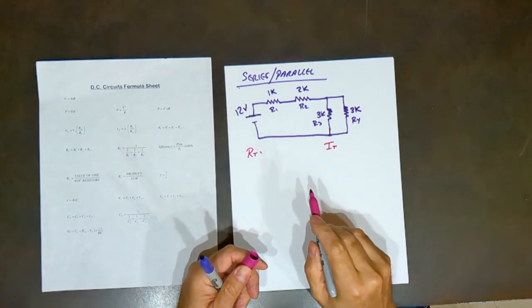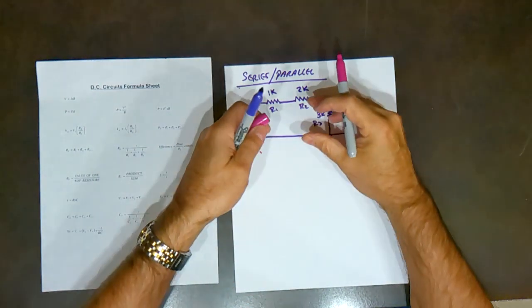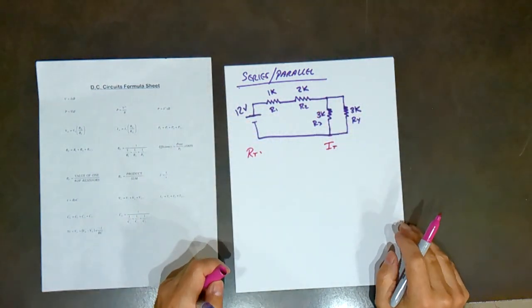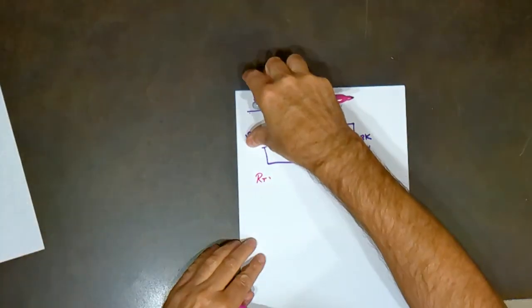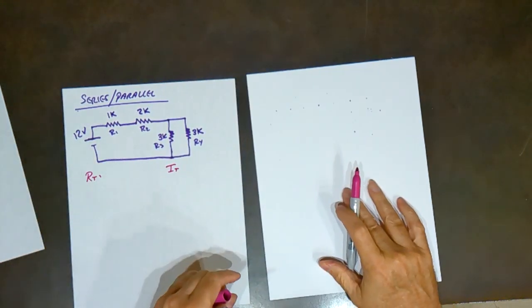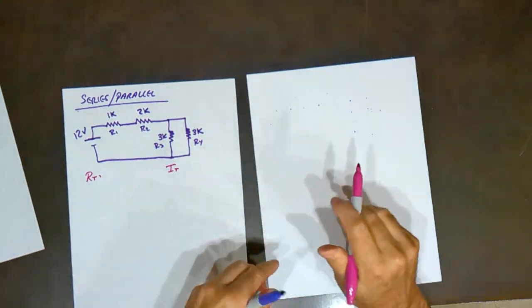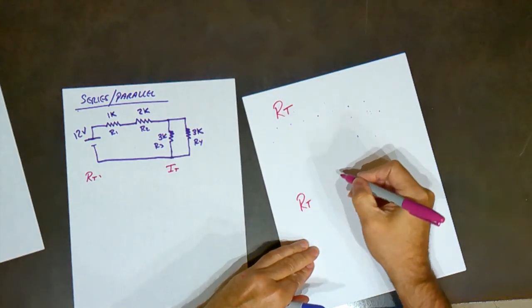In order to do that, we have to identify how this circuit simplifies. We know from our formula sheets that there are two ways to calculate R total.